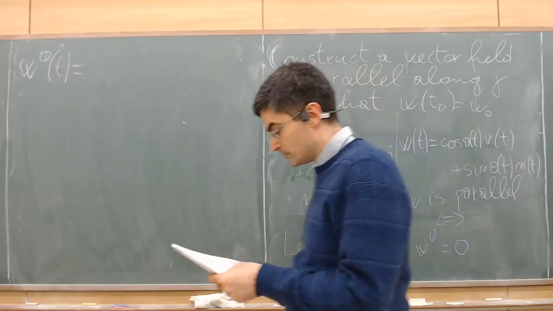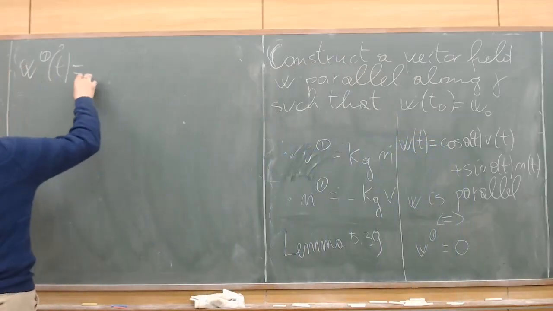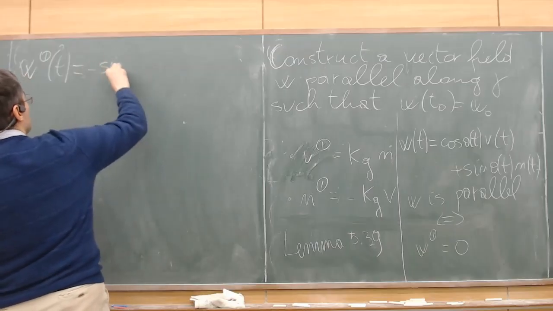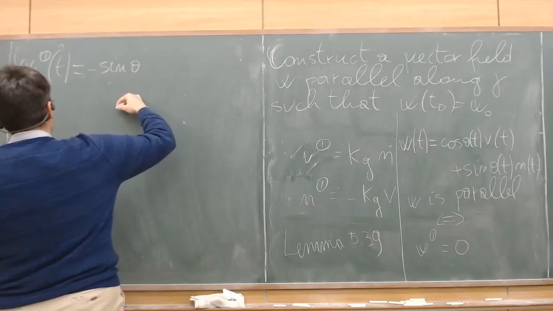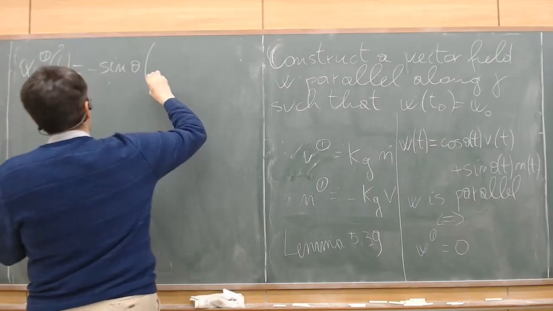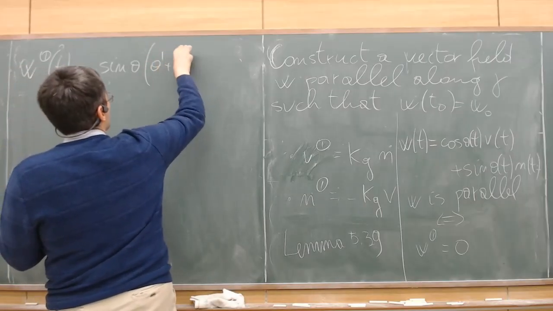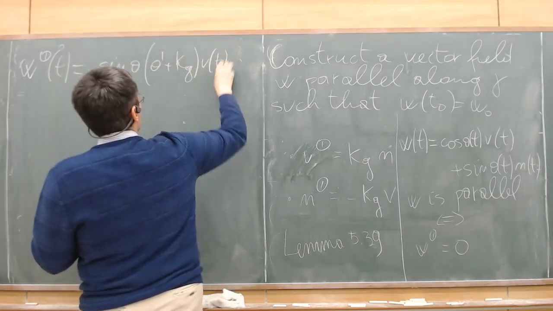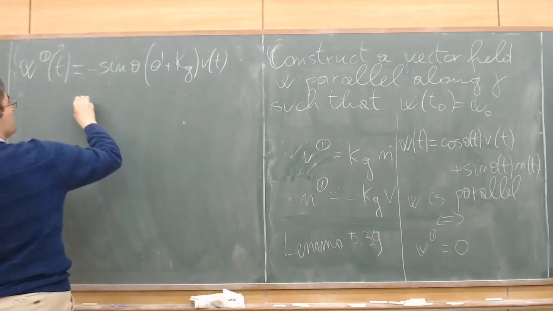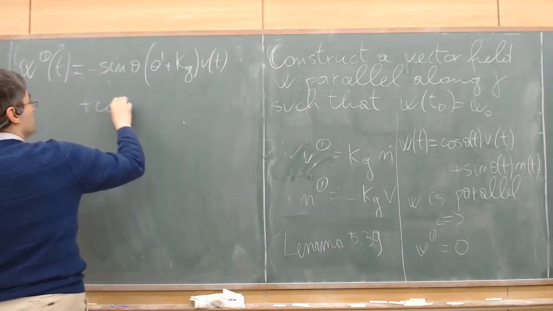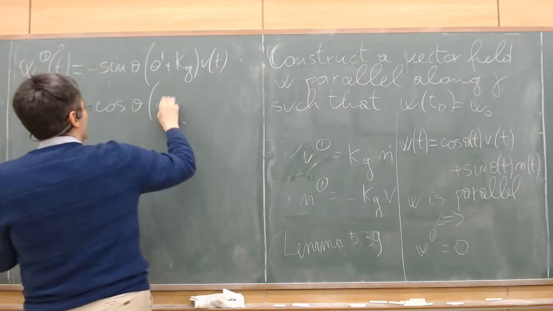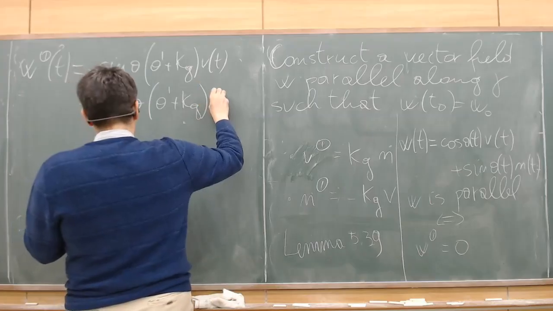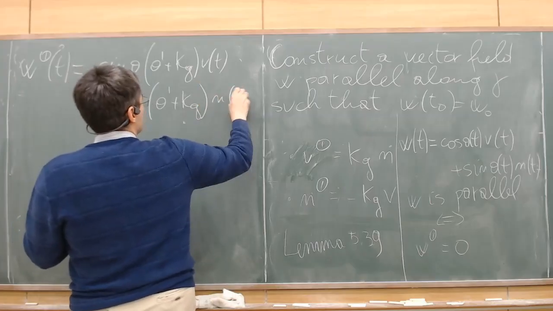If we do this, we get that this covariant derivative is minus sine of theta times (theta prime plus kg) V of t plus cosine of theta times (theta prime plus kg) n of t.